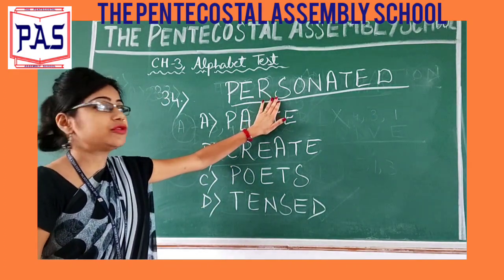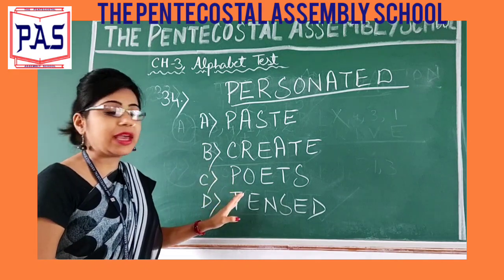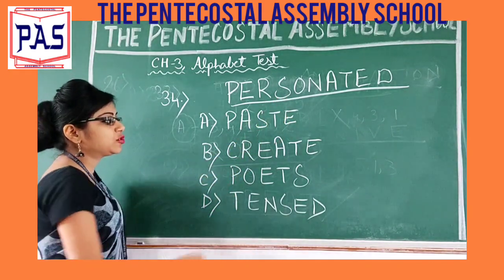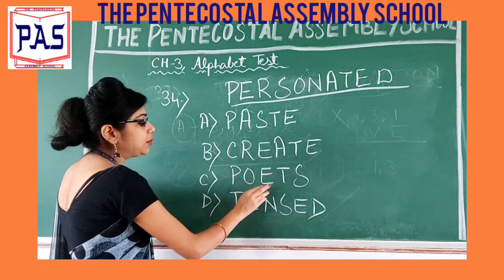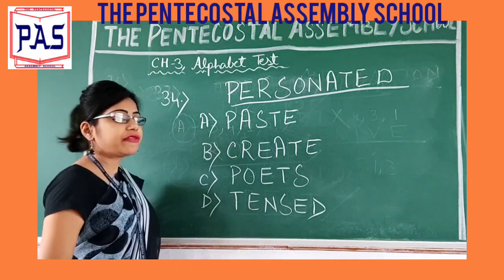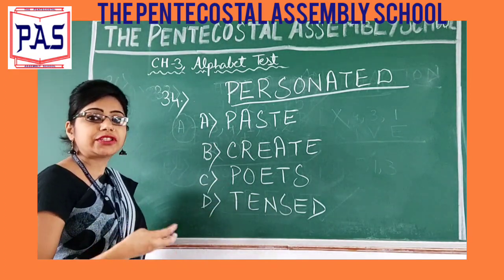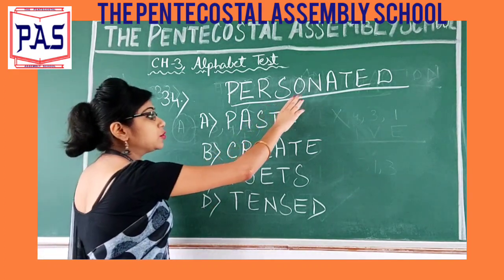And we have to find a word which we cannot make from the given word. The options are paste, create, poet, test. We have to check all the 4 options and find out which word we cannot make from the given word personated.